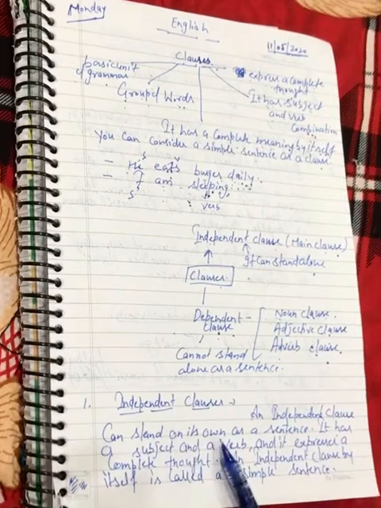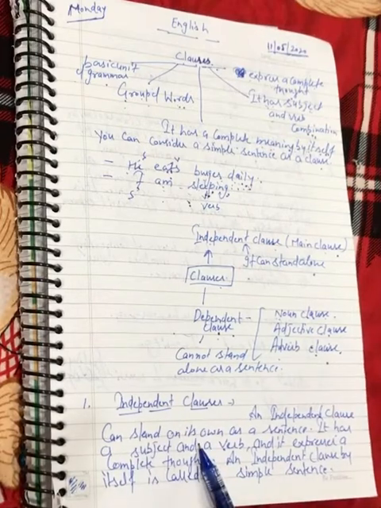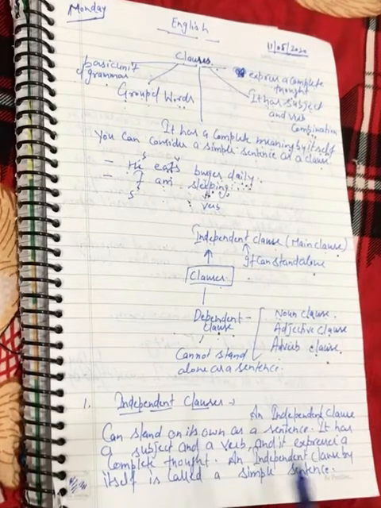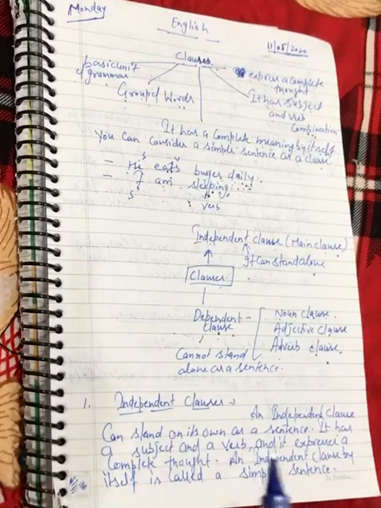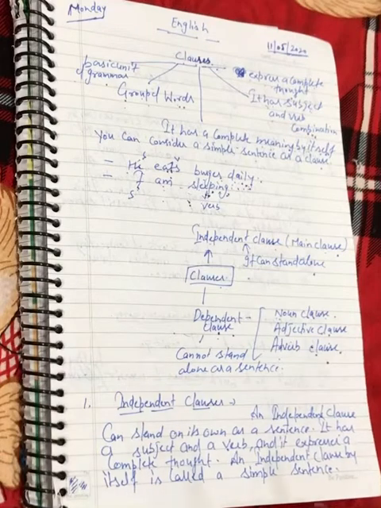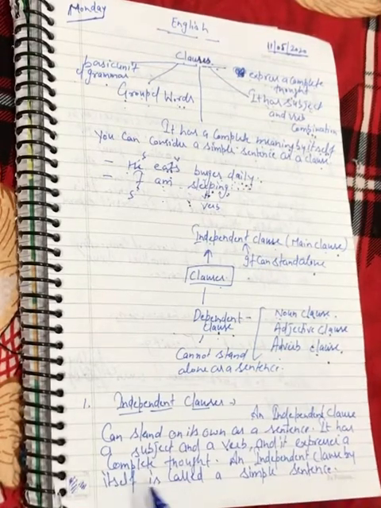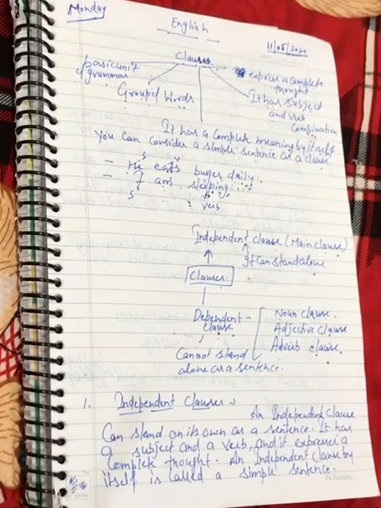It has a subject and a verb, and it expresses a complete thought. It is not depending on other sentences. It can stand alone. It is not depending. And it has a subject and a verb. An independent clause by itself is called a simple sentence.